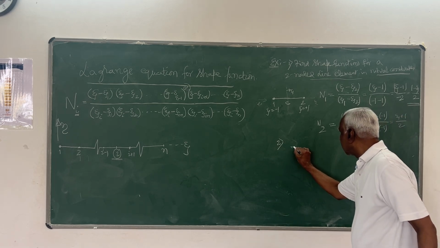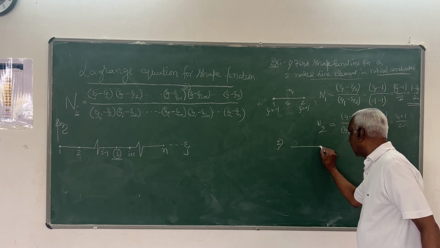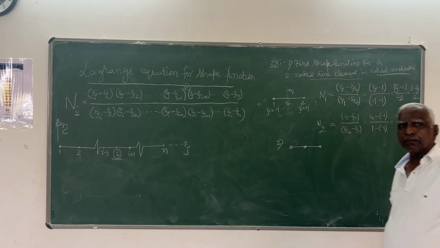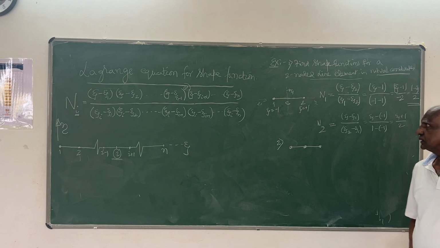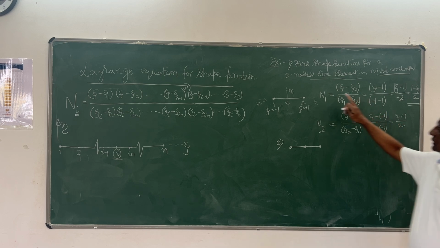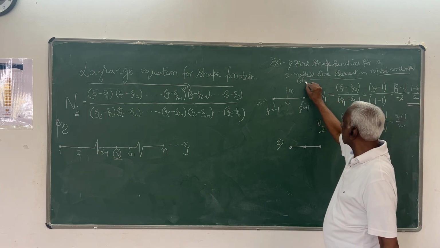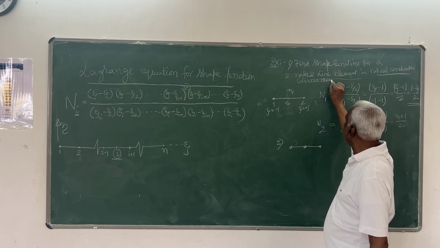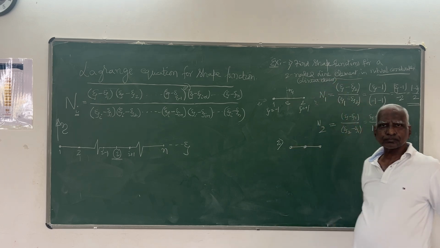So you find the shape function for a 3-noded element. This is called a quadratic element. This is the linear element, also called the linear finite element.